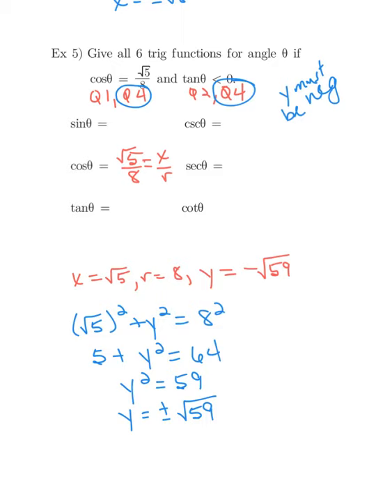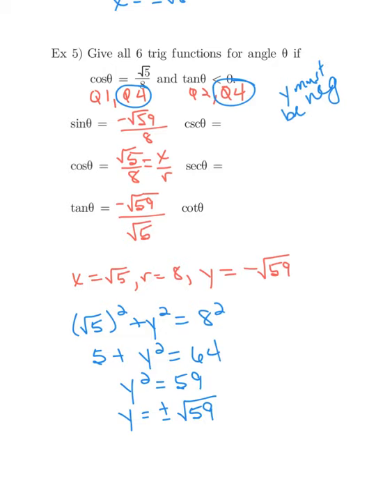We need to find the remaining 5 trig functions, and we said that the sine is y over r. That will give us negative square root of 59 over 8. Tangent is y over x. In this case, that will give us negative square root of 59 over square root of 5. Alex does not require that you rationalize anything.